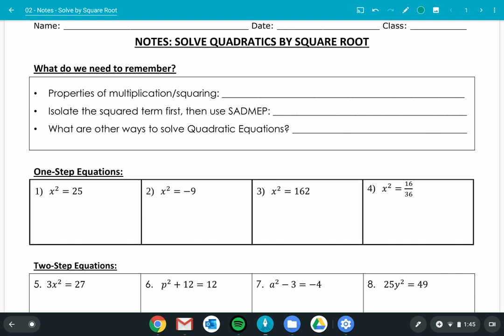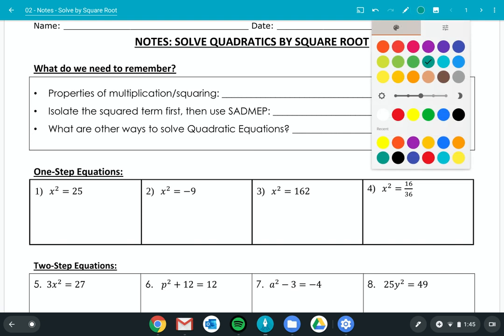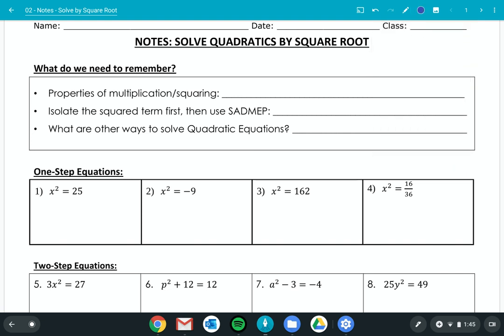Now, things to keep in mind whenever we're solving this are the properties of multiplication and whenever I square something. Whenever I multiply something in a problem, I can't just multiply that one term. I have to multiply the entire problem by something. Same thing with squaring.